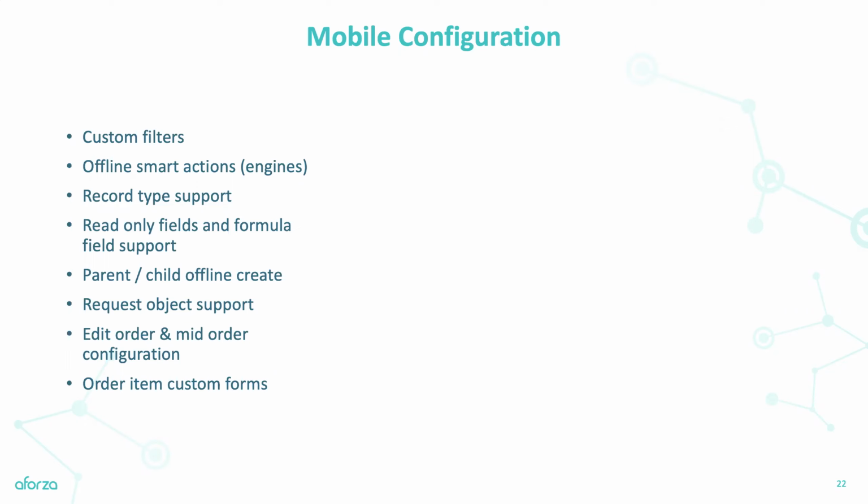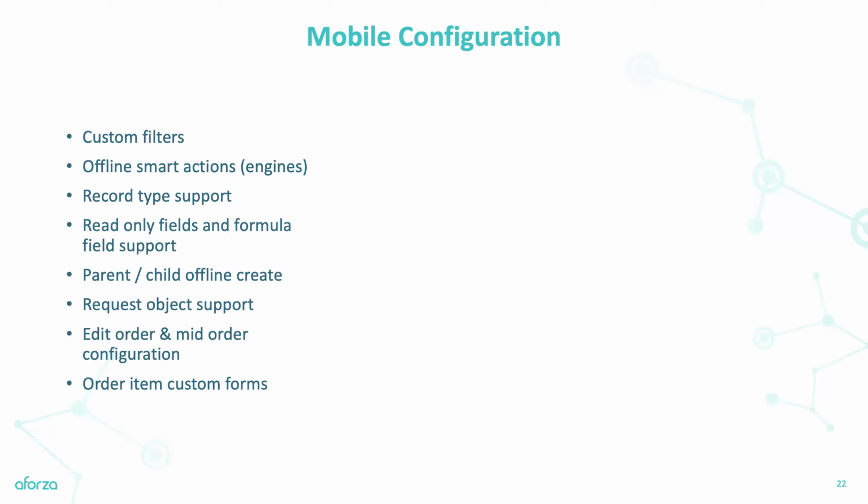So for instance, you might want accounts only of a certain type. You might want promotions only of a certain type. You want your product catalog, you might only want certain products to come down. You have complete control now over what type of data gets pulled offline onto the mobile device. So you no longer have to depend on Salesforce security rules or visibility rules.